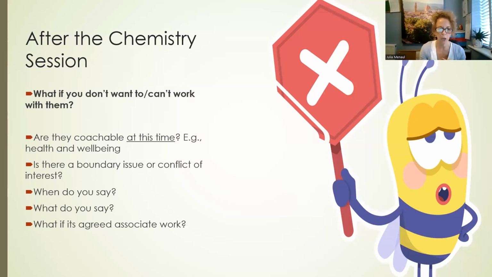And the client said her father was a coach. And as soon as she said his name, I knew who he was, because she's a woman, she had a different name to him. And I knew I couldn't work with her because of that. So that was something to say at the end. And that's difficult. It's, when do you say that, and what do you say?